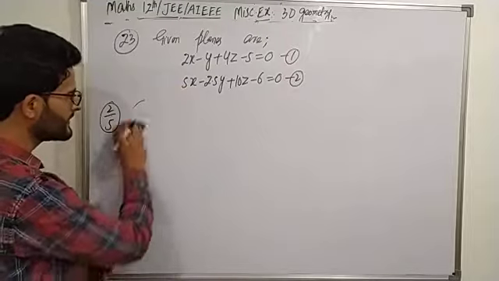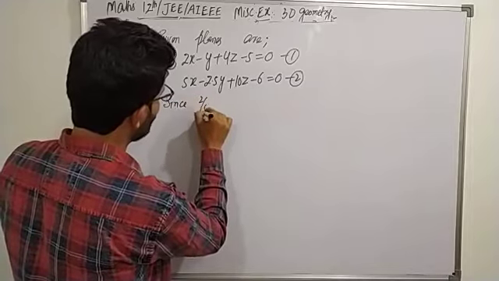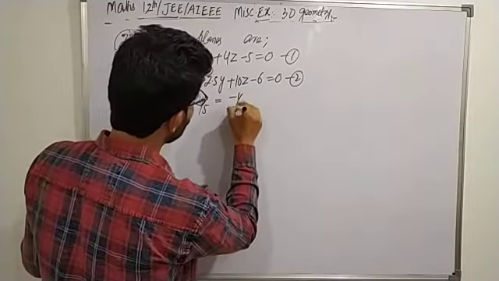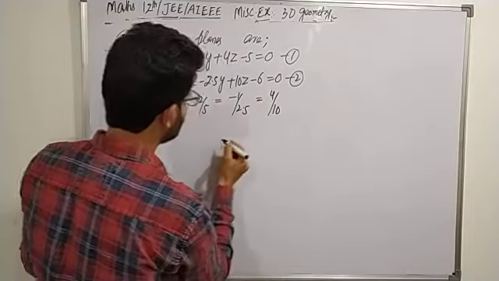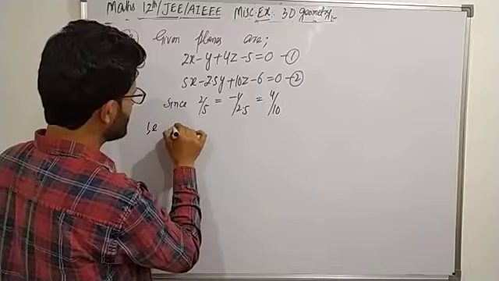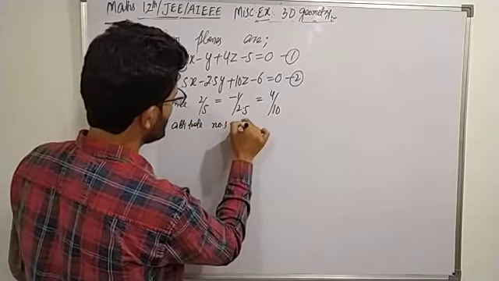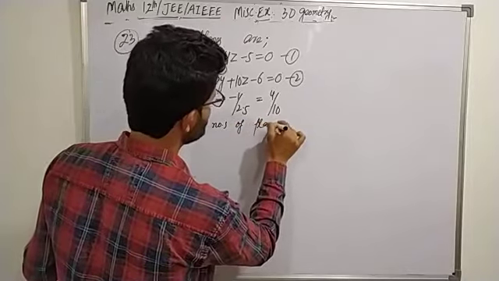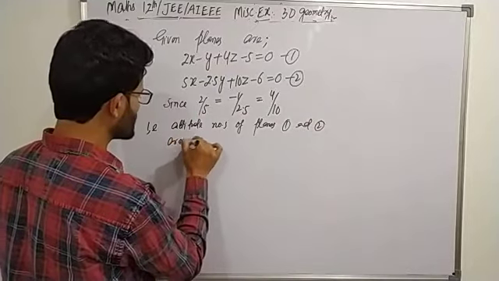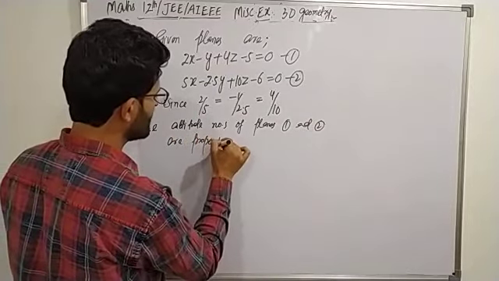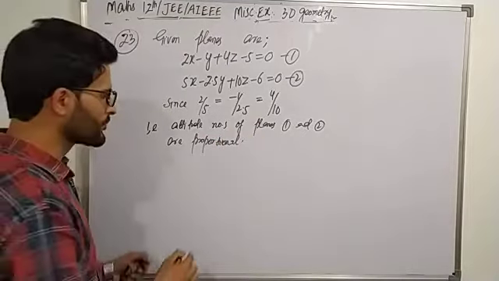So here we will write: since 2 divided by 5 must be equal to minus 1 divided by 2.5 must be equal to 4 divided by 10. That is, what does this mean? That is, direction numbers of planes first and second are proportional.